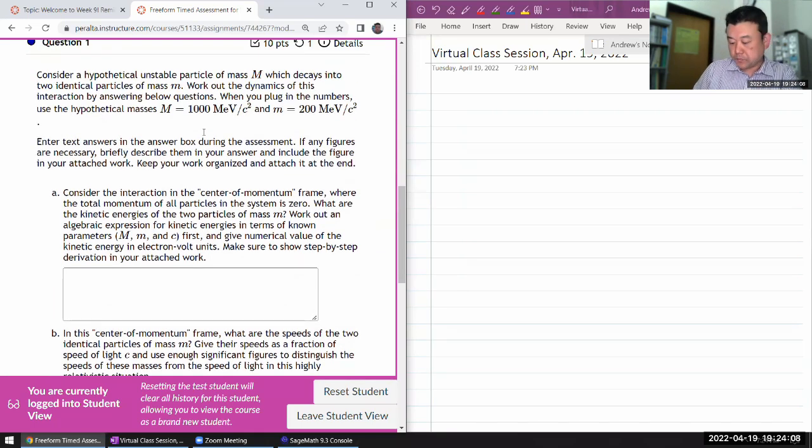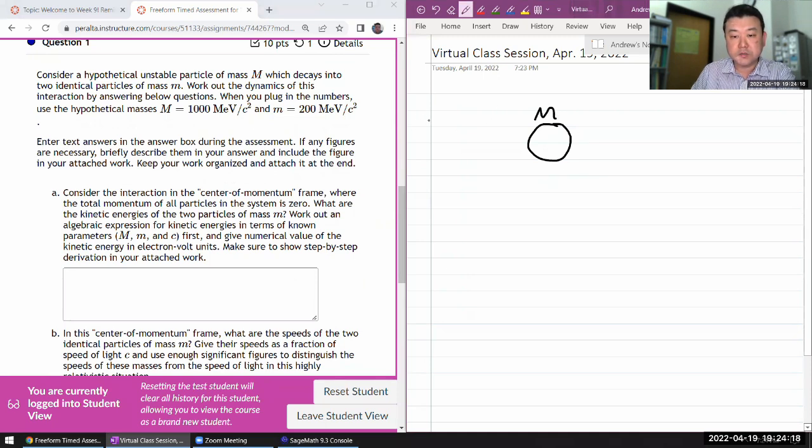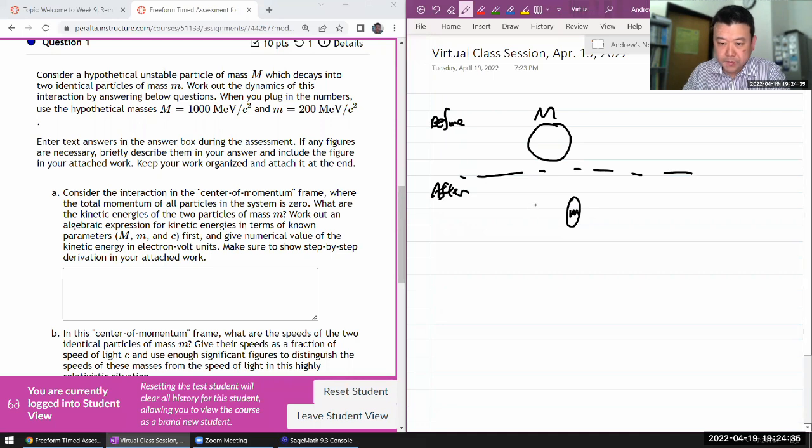So the picture they are asking us to consider is I have some particle of some mass, and this would be before, and after whatever interaction is going on, this particle breaks up into 2 identical particles. So there's an m, and another m, and they split up.